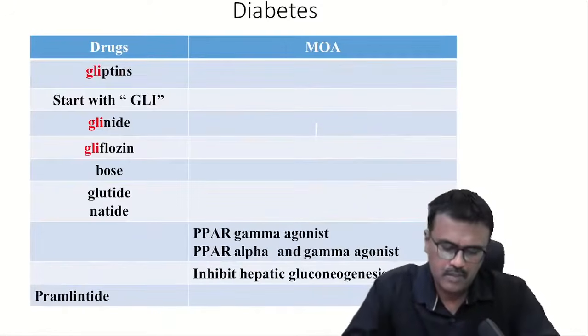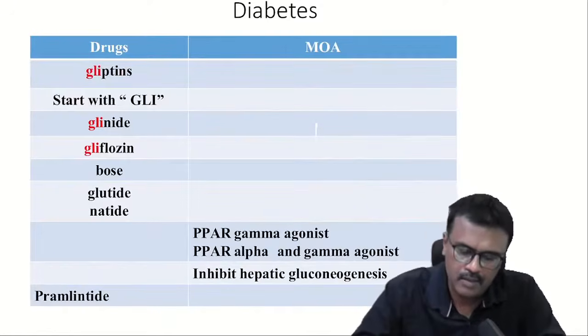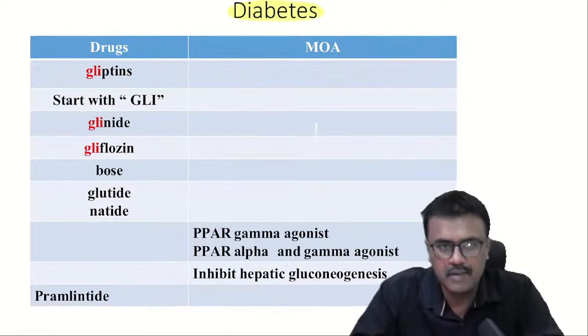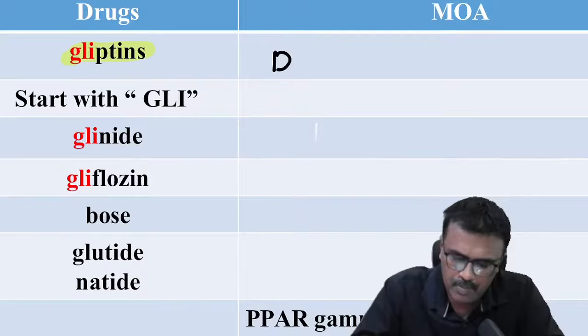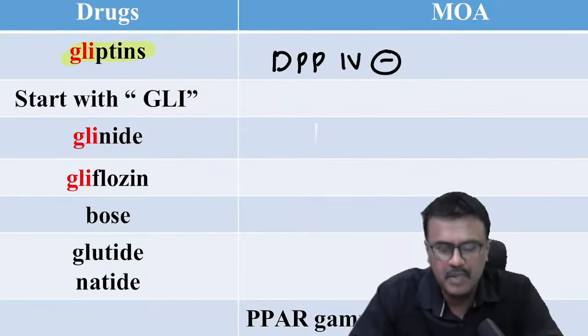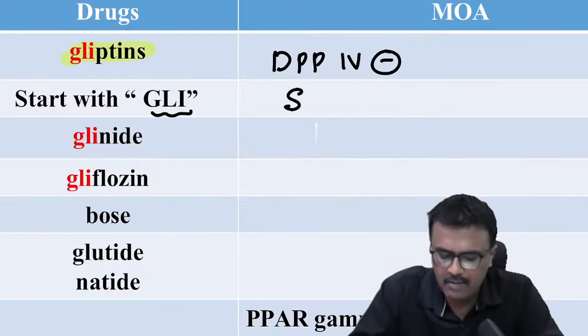Now moving on to the next one, how to understand and remember diabetic drugs. A diabetic drug ending with gliptin is a DPP4 inhibitor. Any diabetic drug starting with glimepiride, glipizide, they are sulfonylureas.